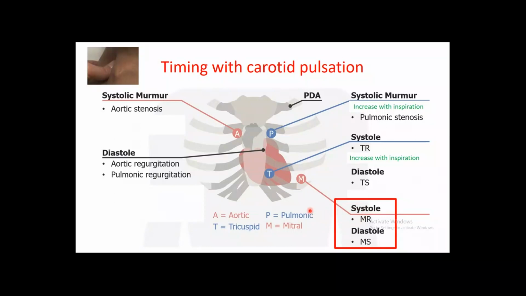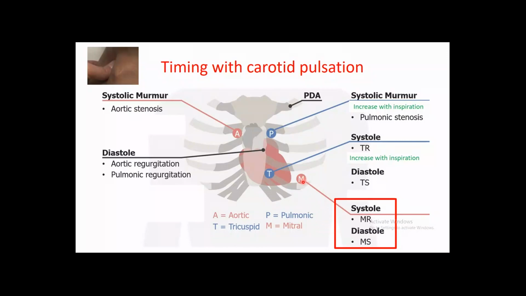If this murmur is during diastole, or during the opening of the mitral valve, this means that there is a mechanical obstruction of the flow of blood from the left atrium to the left ventricle during opening of the valve or diastole. This is called mitral stenosis.